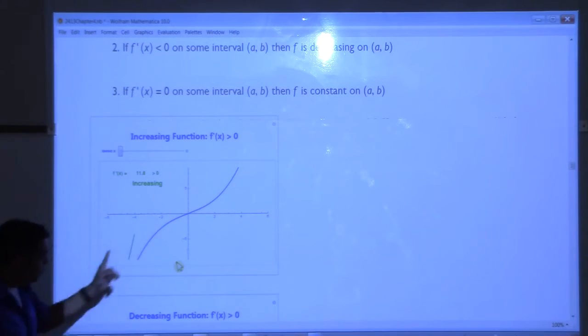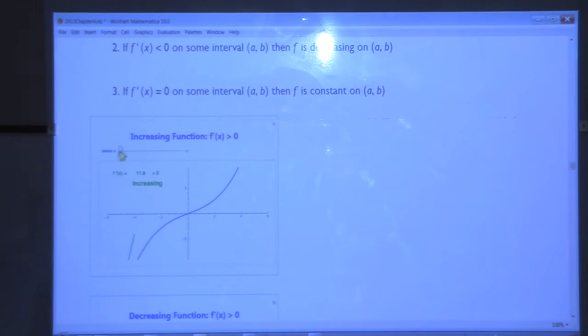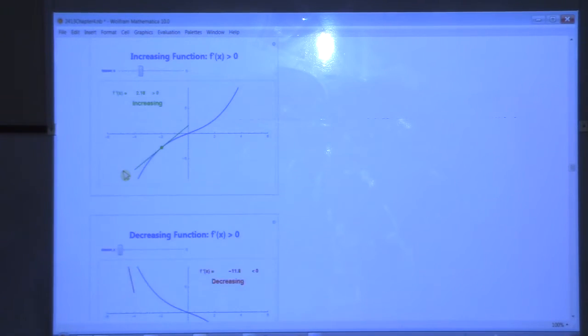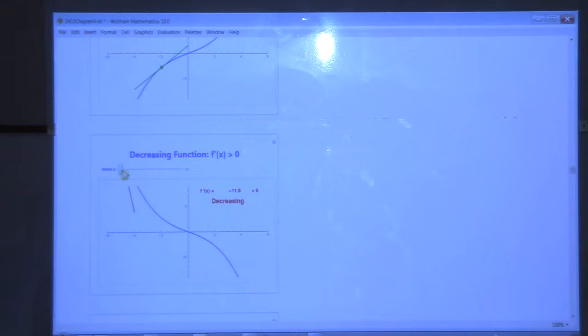If we look at the derivative at every point, notice that the slope of the tangent line is always positive. So there's a major correlation between the derivative and the shape of this graph. If the derivative is positive all the time, we know the function goes up the whole time. On the other hand, if the function is going down all the time, then the derivative is always going to be negative.